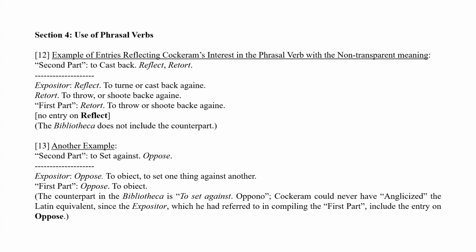The traces of such practice of Cockeram, which concern phrasal verbs with non-transparent meaning, are detectable in the head phrases of such entries as 14, as I indicate on the slide with reference number 14.